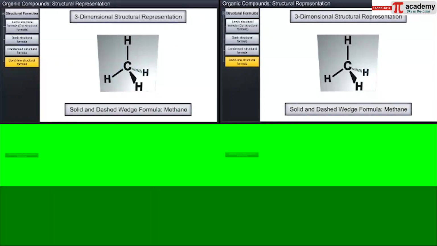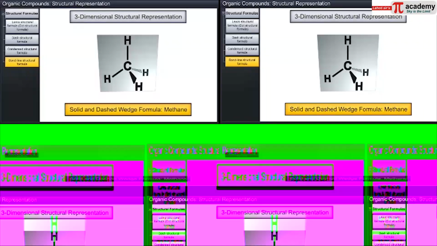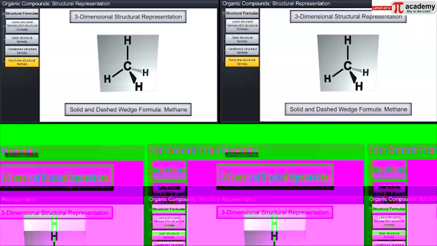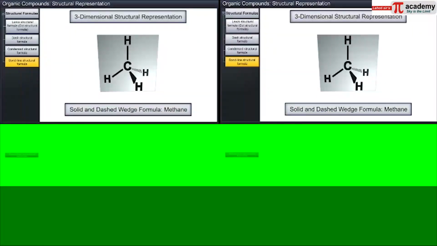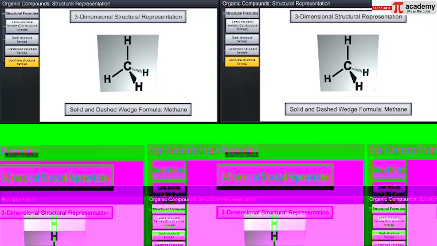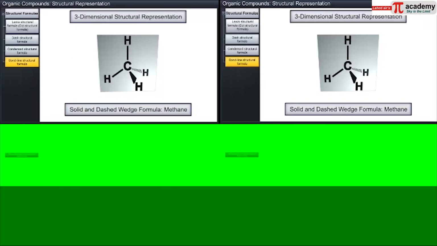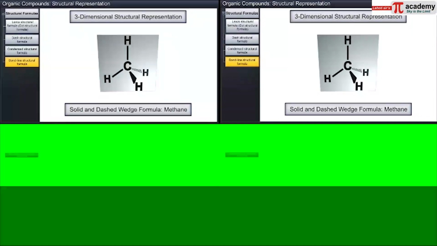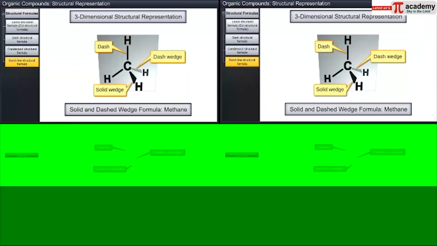Organic molecules can be represented by using the solid and dashed wedge formula. This is a three-dimensional structural representation of an organic compound. This formula can be represented on the paper by using three conventions. That is, a dash, a solid wedge, and a dashed wedge.